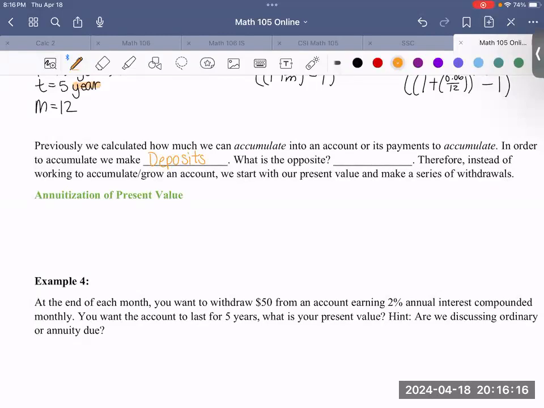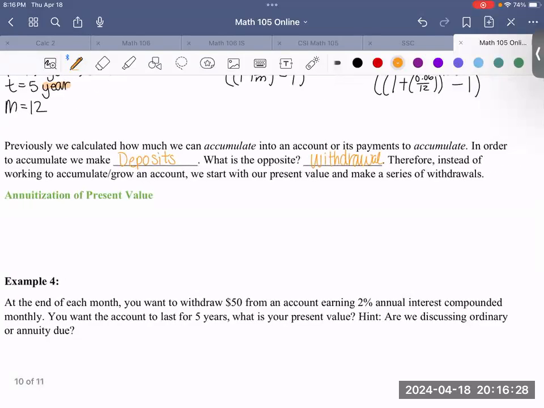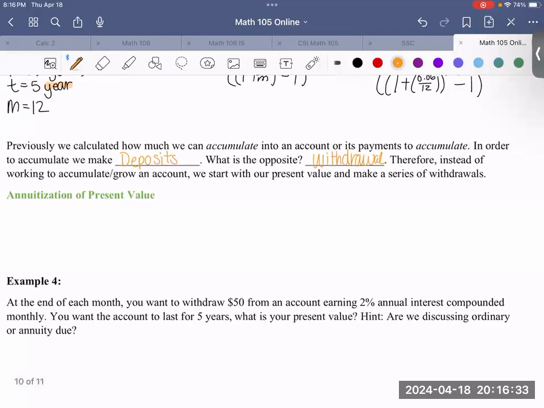So then what is the opposite of a deposit? This would be a withdrawal. Again, I can't spell, so I think that's how you spell it. Therefore, instead of working to accumulate or grow an account, we start with our present value and make a series of withdrawals.